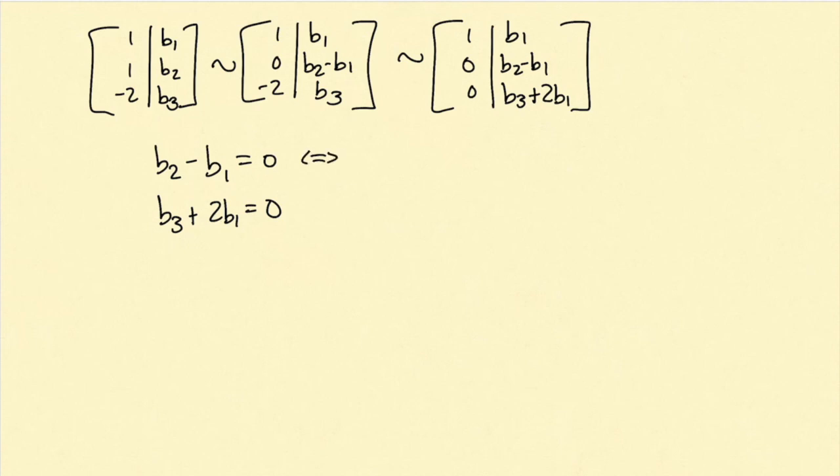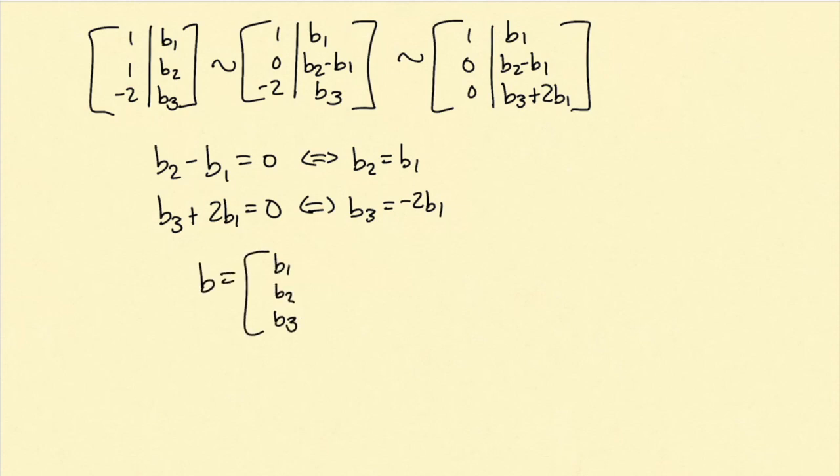Now we can translate these into two equations. b2 is equal to b1, and b3 is negative 2b1. So we can see that the vectors which make this system consistent are exactly the vectors b, whose entries are b1, b2, b3, and satisfy the condition that b2 is equal to b1, b3 is negative 2b1.